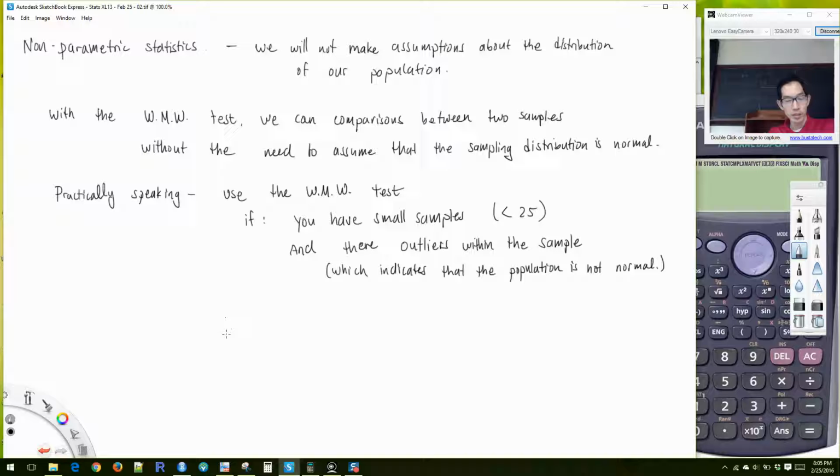So if you have small samples and there are outliers in the sample, then this would be a good time to use the Wilcoxon MannWhitney test. Otherwise, you're better off doing the t-test.